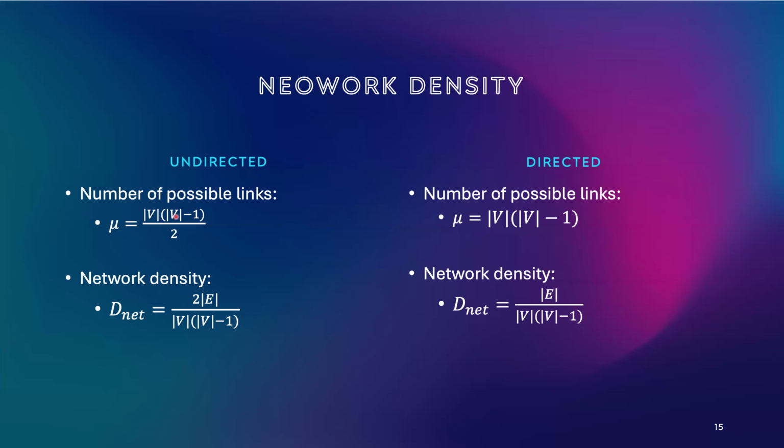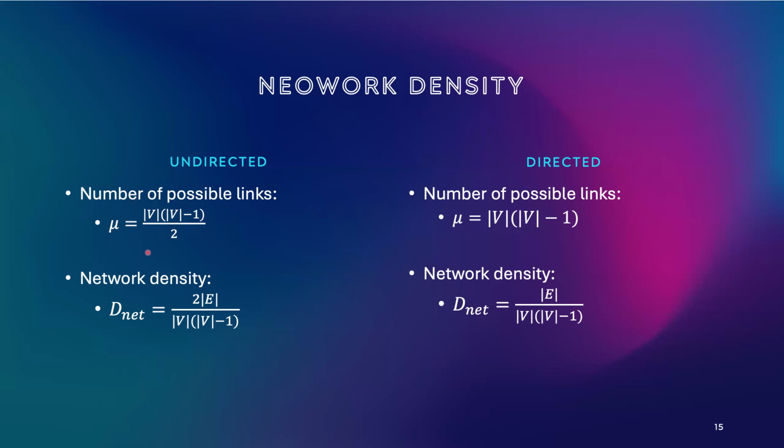So for undirected graphs, the number of possible links is this, and this is mu. It is basically n, if n is the number of vertices, n multiplied by n minus 1 over 2. I'm going to let you think about why that is.